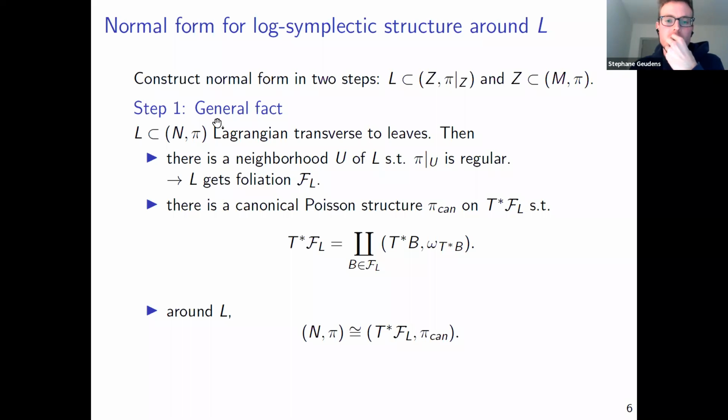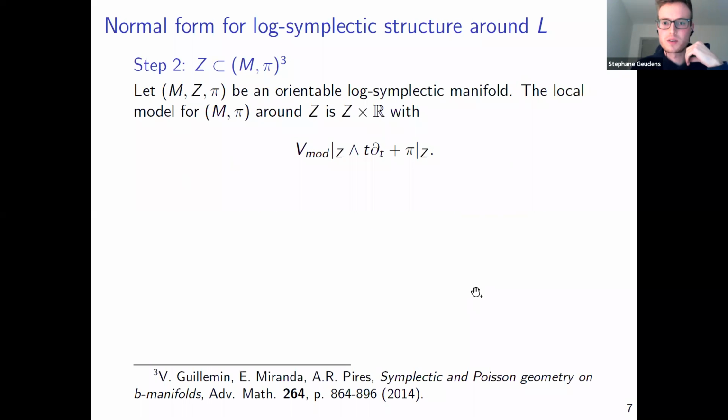So we want to apply this first step, of course, to a Lagrangian in the singular locus. So it says that the singular locus around L looks like T*F_L with this canonical Poisson structure. Now in step 2, we just use the normal form around the singular locus, which is well known and appears in work of Guillemin, Miranda, Pires, and says that the local model around the singular locus is its normal bundle Z times R with this log-symplectic structure.